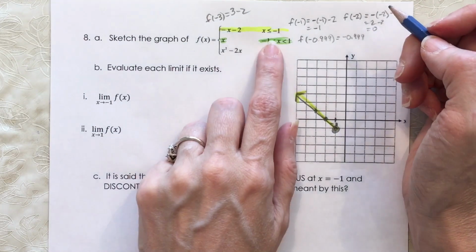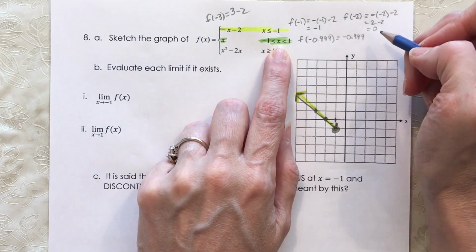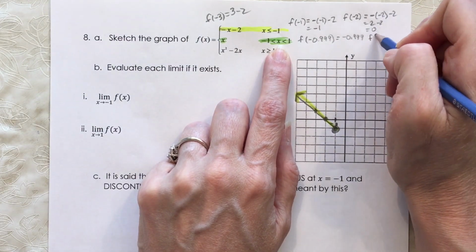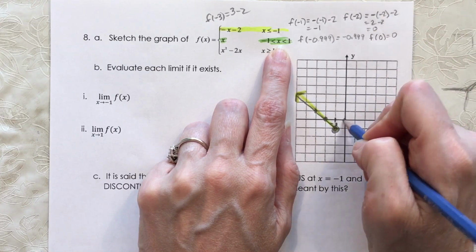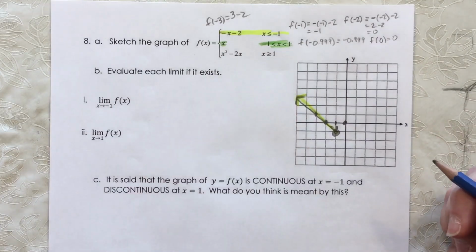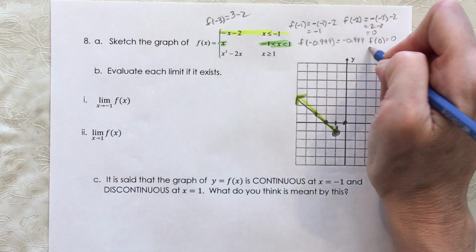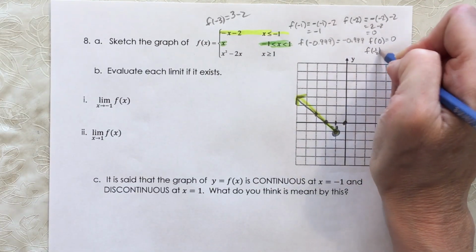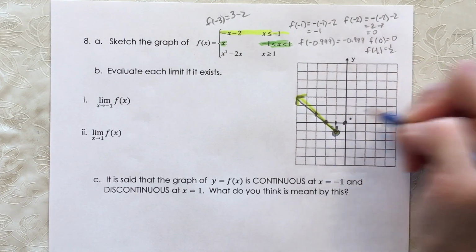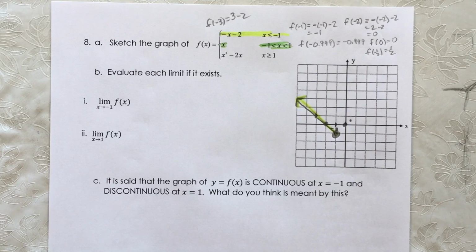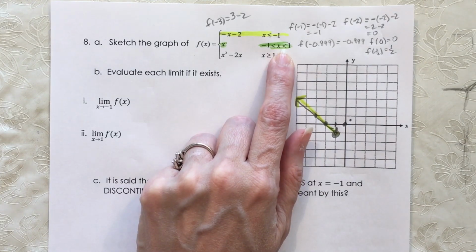Okay, and then we can have any number between negative 1 and 1. So an easy one that comes to mind would be f at 0 is 0. If you wanted f at a half, it would be a half right there. Then what happens at 1? Because again, I'm not allowed to have 1 in, but I can get really close to 1.